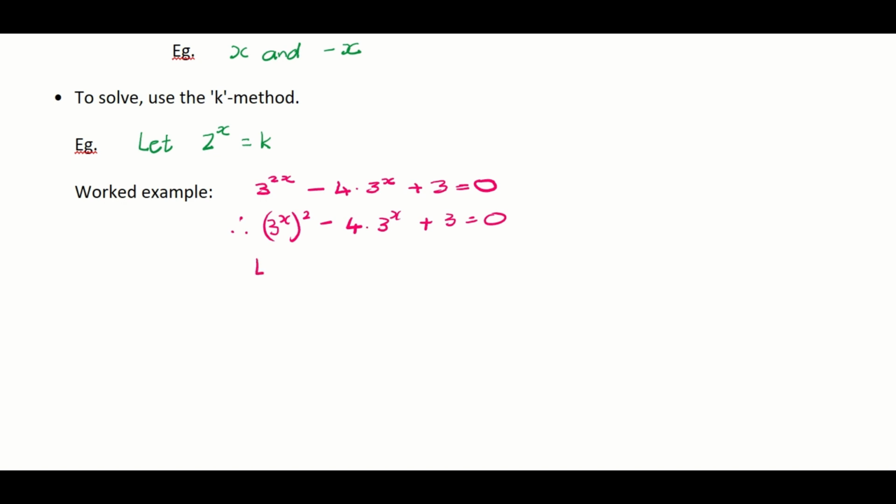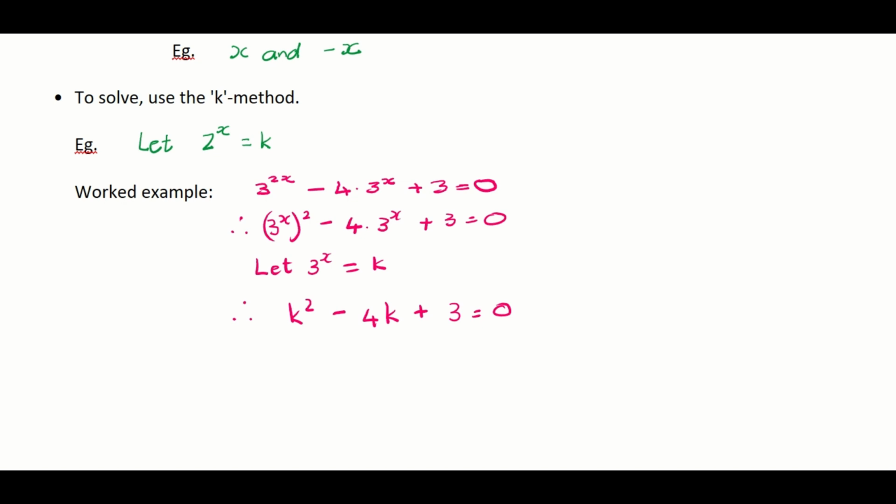Then we are going to let 3 to the power of x equal k. So wherever you see 3 to the power of x, you're going to substitute it with k. So therefore, 3 to the power of x squared is k squared minus 4 times 3 to the power of x is minus 4k plus 3 equals 0.